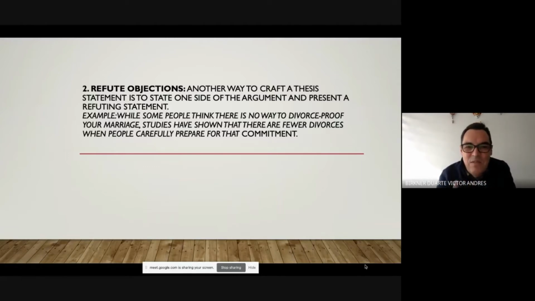While some people think there is no way to divorce-proof your marriage, this would be one side, studies have shown that there are fewer divorces when people carefully prepare for the commitment. Can you see that we have the two sides? The first one is there is no way to divorce-proof your marriage, and the other says that there are fewer divorces when people carefully prepare for that commitment.